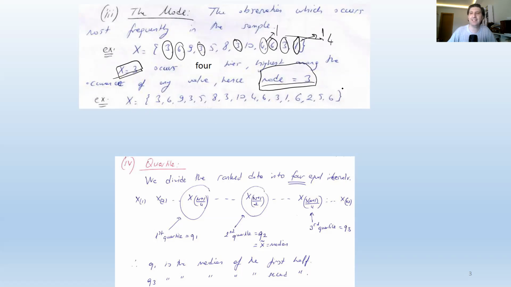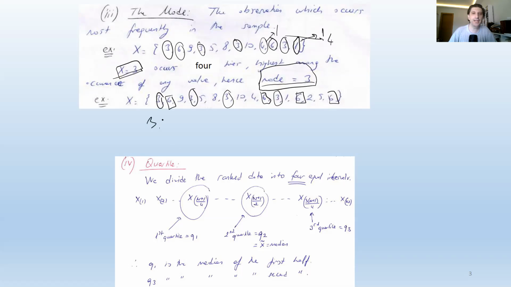Let's continue with the same scenario. Again, we have an exam with this many students, and we would like to describe the location of this data using the mode. So again we count the number of observations. I'm not going to do each of the unique values, since it's going to take a long time, but you should see that 3 occurs here, here, here, and here, actually 4 times, and 6 occurs here, here, here, and here, 4 times.